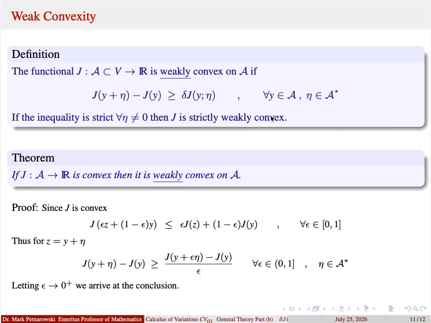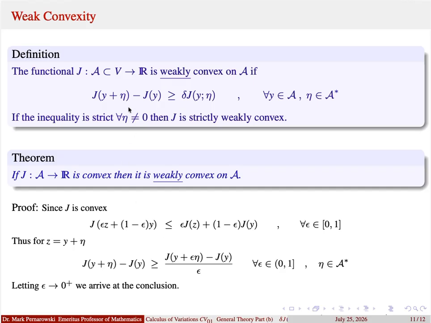It's the easiest to use to show convexity, and it's basically just saying that if these differences are bigger than the derivative or the Gateaux variation, then I have a theorem that says that if a function is convex, it's weakly convex, and this property here can be used to show that then it's going to be a global min.